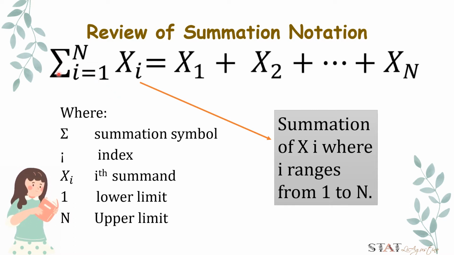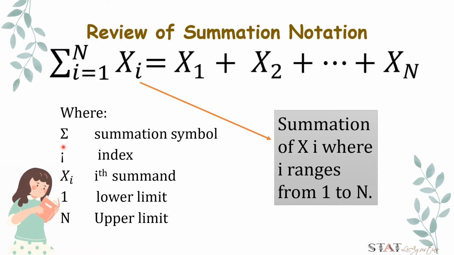Again, summation of xi, where i ranges from 1 to n, is equal to x1 plus x2 plus ellipsis plus xn. Whenever you see this ellipsis, it represents a series of numbers. If you can see here 1, 2, then the series of numbers would be 3, 4, until your n, or your population size.